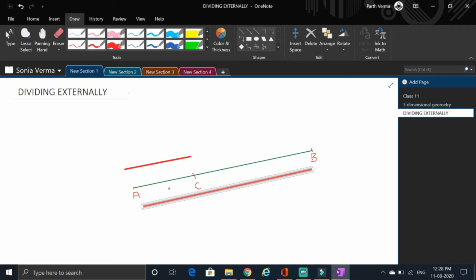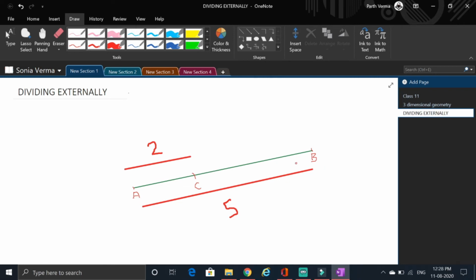So A is dividing CB in the ratio 2:5. As C comes first, AC is 2 and AB is 5.